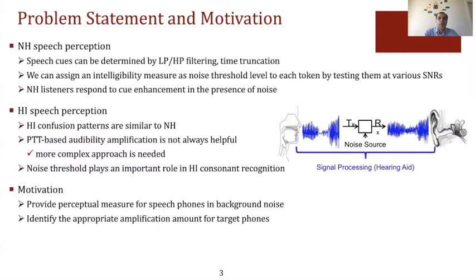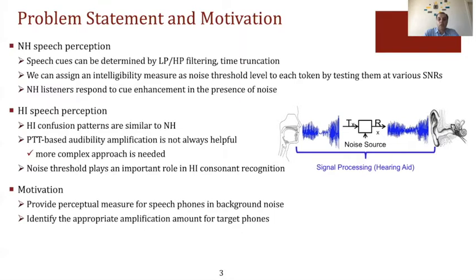Based on the experiments, when we present this to normal hearing subjects, we can assign an intelligibility measure related to background noise. If the noise is above that threshold, the recognition score will go down, and if the noise is below that, the recognition will be very good.